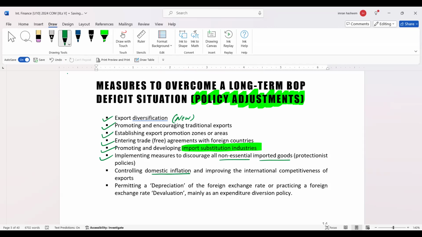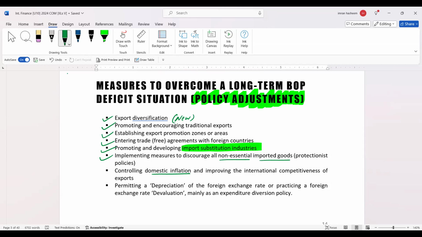Now, why we tend to import a lot, or why we are motivated to import a lot, is because when domestic inflation rates are high, anything produced within Sri Lanka is expensive. So logical thinking says, import it from another country where it is cheaper. Get it? That's very logical, rational behavior. But it has a big impact on the balance of payments, the foreign currency inflow and outflow situation.